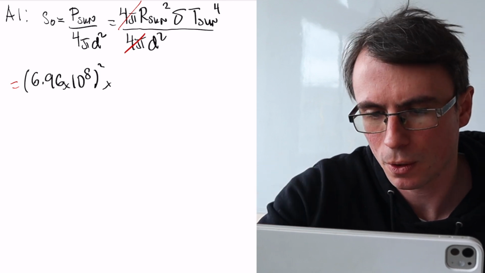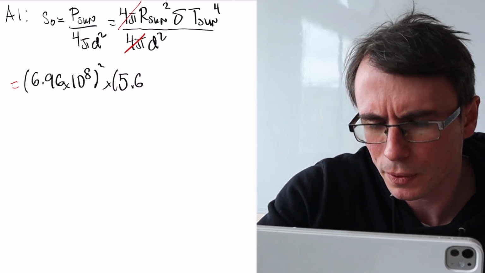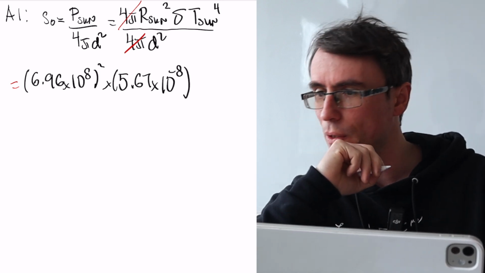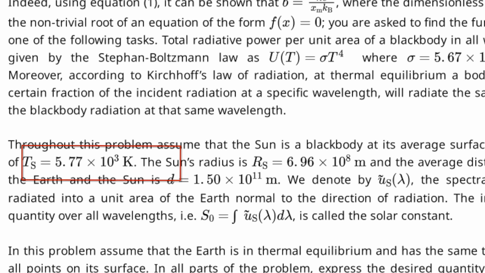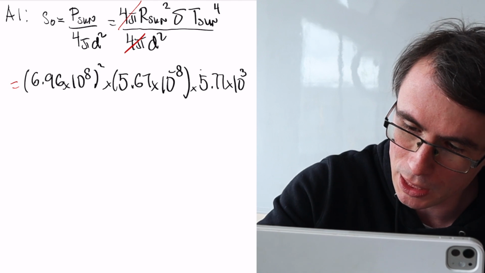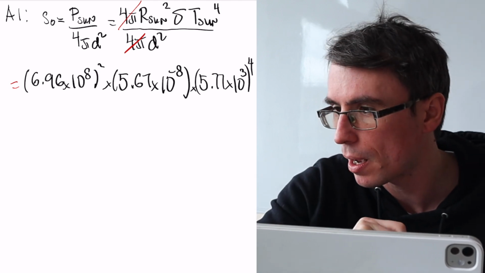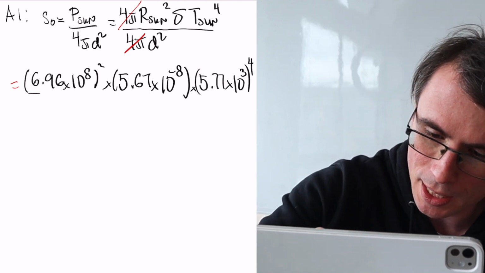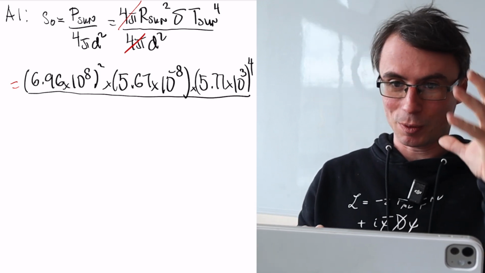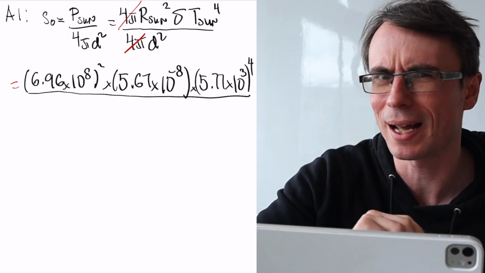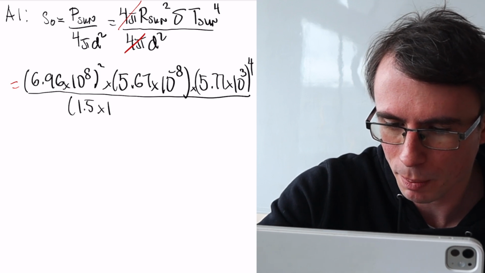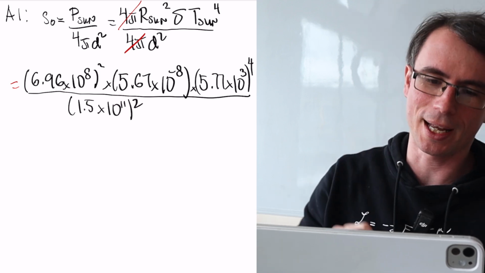Multiply this by Stefan's constant, which if memory serves me right is 5.67 times 10 to the power of minus 8, multiplied by the temperature of the sun, which in this case is given as 5.77 times 10 to the power of 3 Kelvin, raised to the power of 4. Then we divide by d squared, where d is the distance between the Earth and the sun. We're not going to forget the square. So that's 1.5 times 10 to the power of 11, squared.